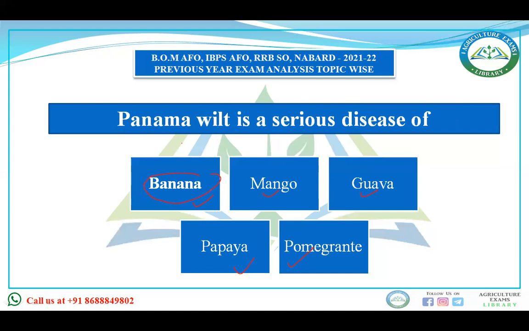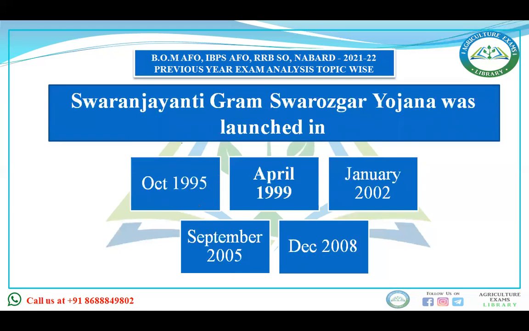And the next question is, Swarnajayanti Gram Swarozgar Yojana was launched in October 1995, April 1999, January 2002, September 2005, December 2008. This scheme was launched in April 1999.